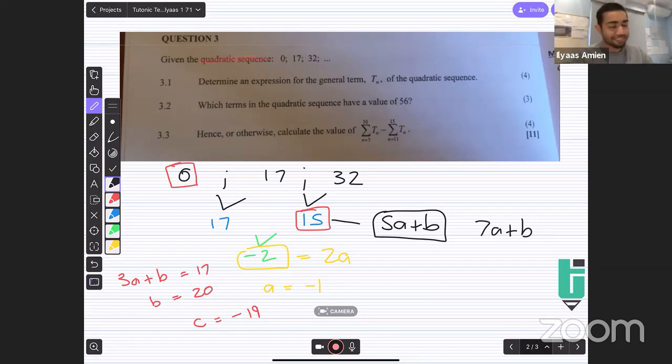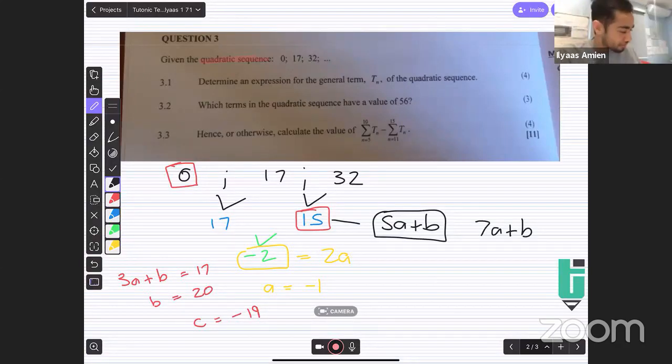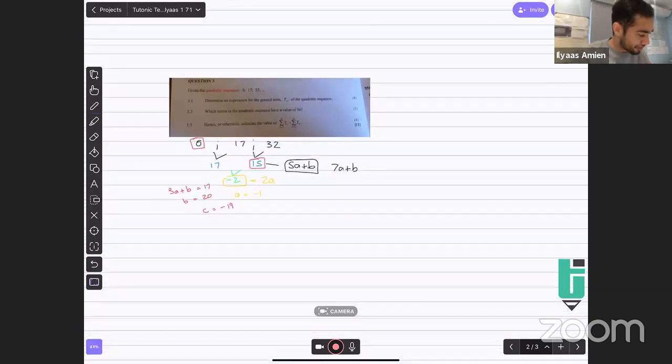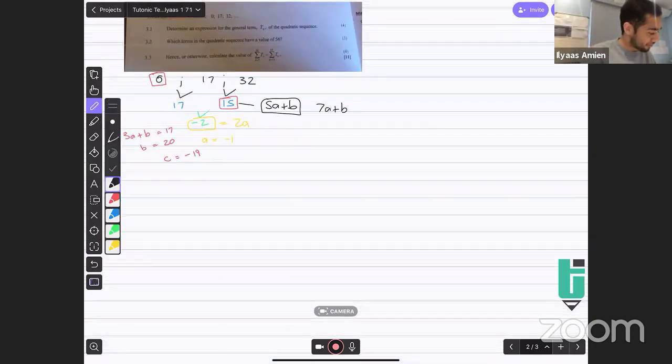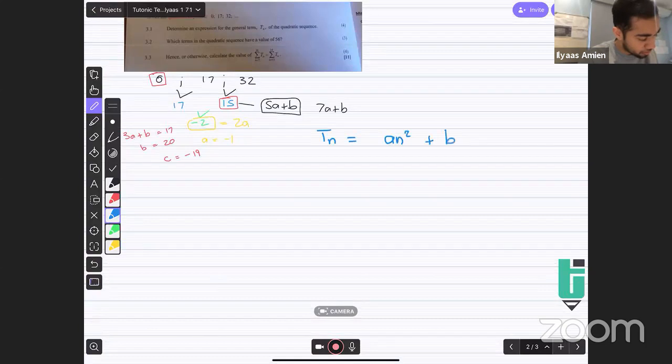Do you guys understand now? It's important for you to understand. What's the general formula for a quadratic sequence? an squared plus bn plus c.